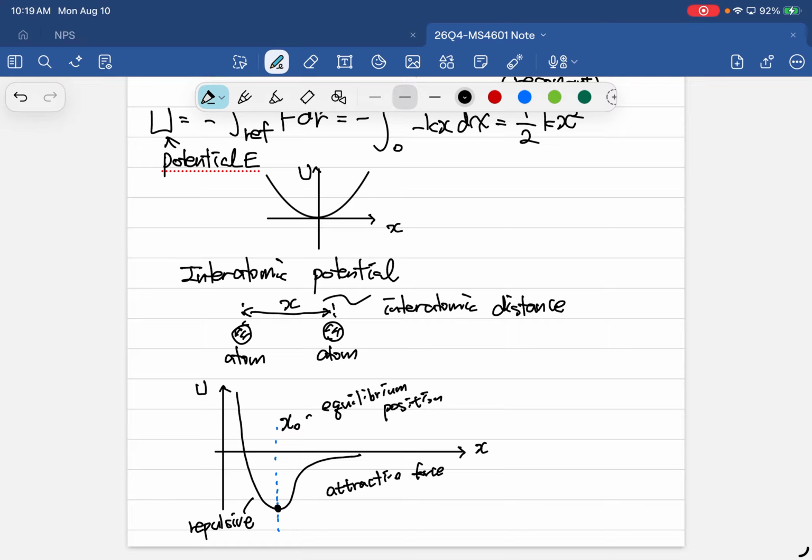Yes, go ahead. Why is it not at the intersection with the x-axis? This is trying to minimize the energy, so it actually tries to find this minimum point here, because this is the attractive force and then the repulsive force. Obviously, this is a crossing point, but if we go this way, the repulsive force is dominating, so it is pushed away, and it is going to sit in the lowest spot.